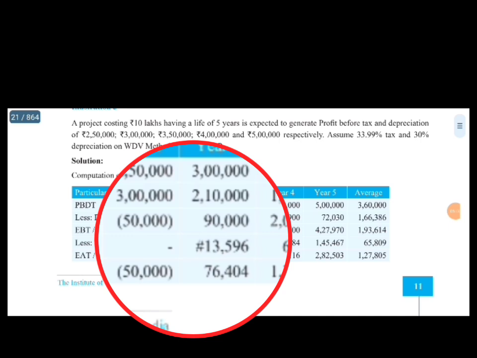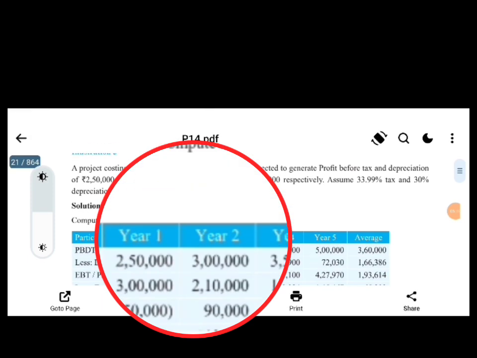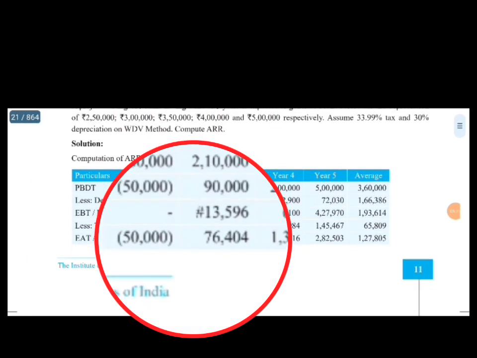We have to deduct the losses from the previous year. From this second year profit, we will get 40,000 profit amount. On that we have to calculate the tax amount. So that is 33.99% on the 40,000, not on the 90,000 profit.